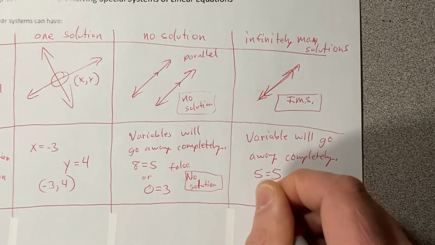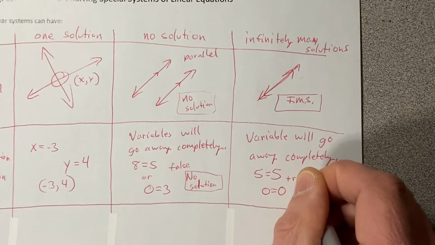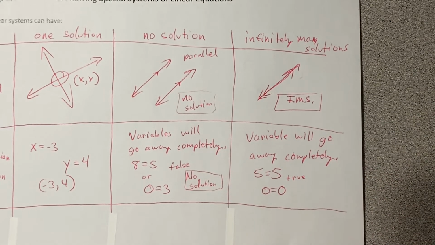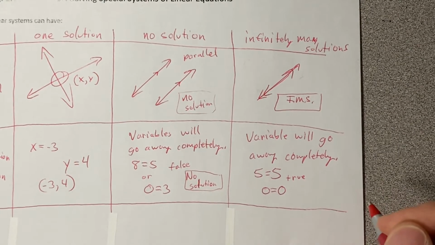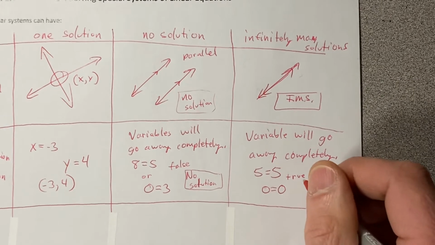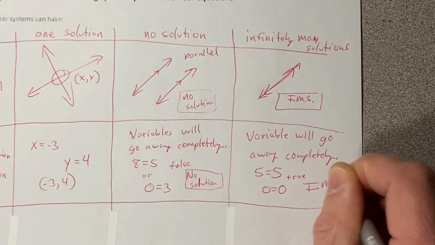Or what's common is you'll get 0 = 0. And you'll be left with a true statement. So the variables eliminate, add or subtract, and they're gone. And so you're left with the true statement, and in that case, you'll write infinitely many solutions.